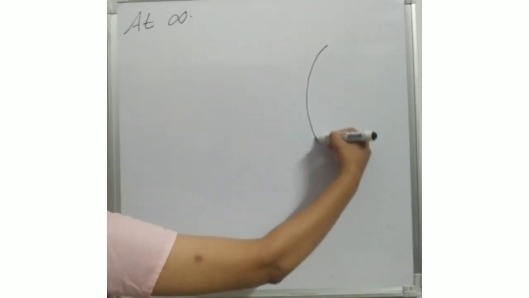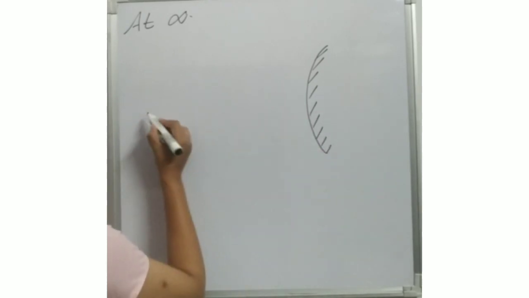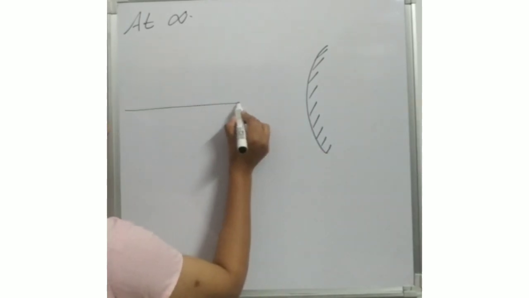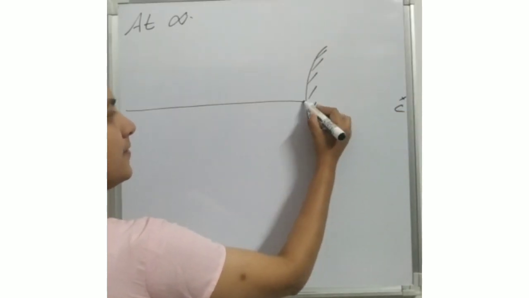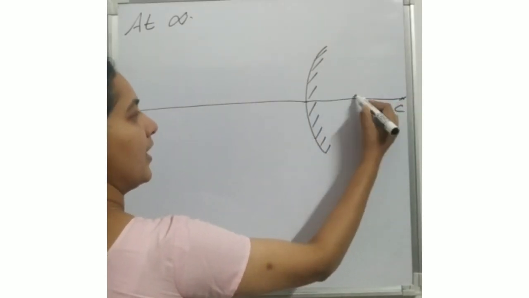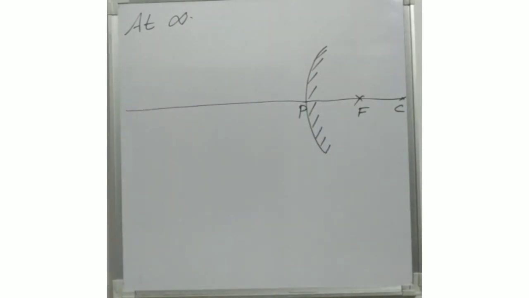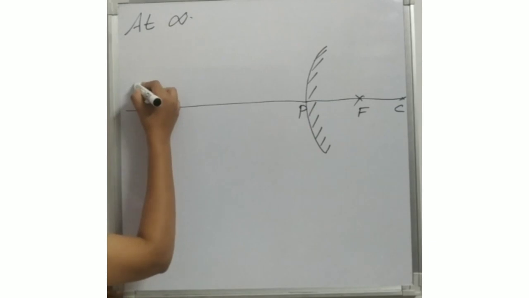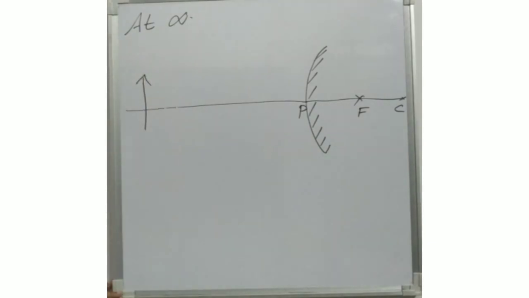So this is the convex mirror. Here we have to mark C and F, P. This is the principal axis. If it is at infinity, we know only parallel lines are possible from an object at infinity.